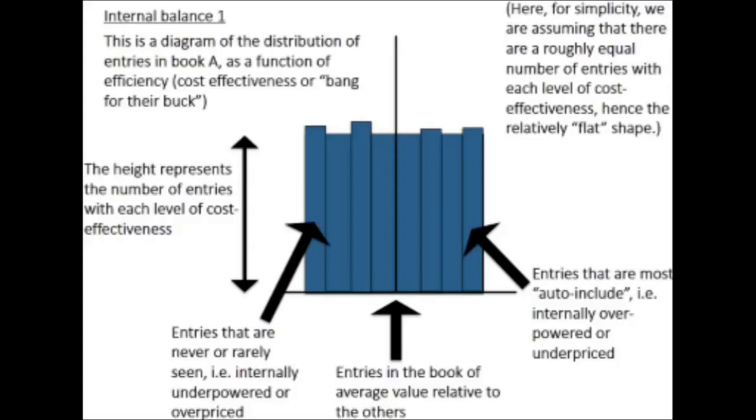So an entry on the most left side is never or rarely seen, as it's perceived or really is internally underpowered or overpriced. The entries in the middle of the graphic are seen average often, as they seem to bring average value relative to the other entries.